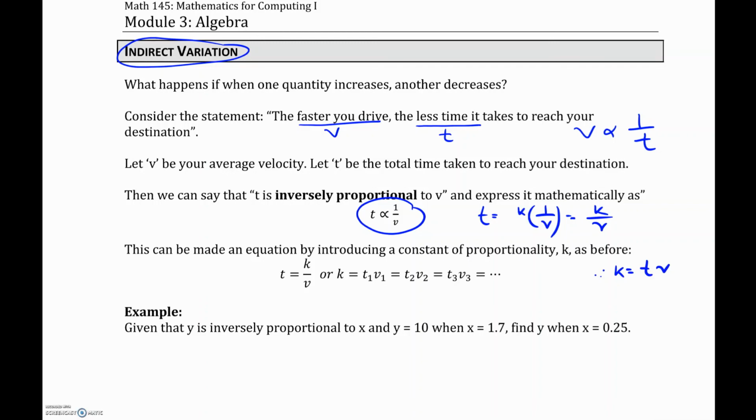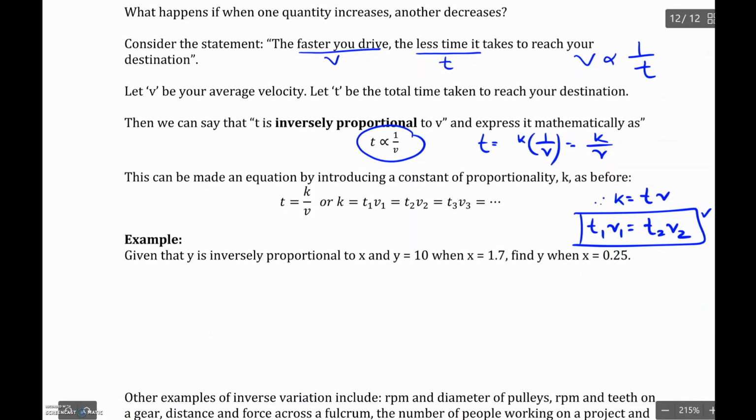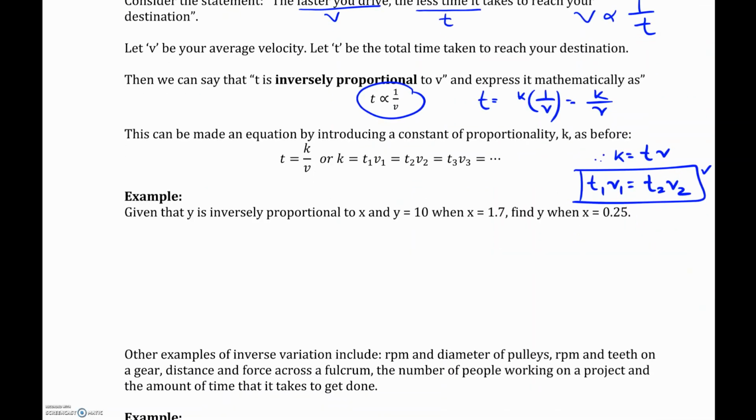Hence, as we did before, we could say that t1 v1 equals t2 v2. So keep this in mind. For direct variation, we divide, but for indirect variation, we multiply, as in this case. All right? So let's try an example here.